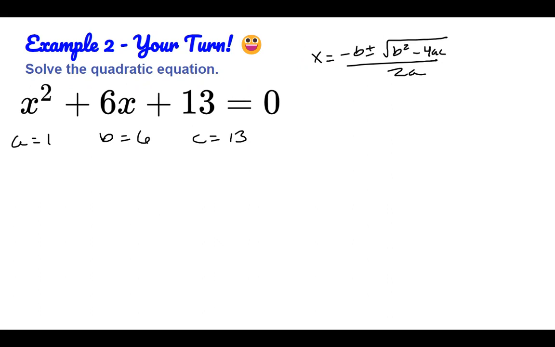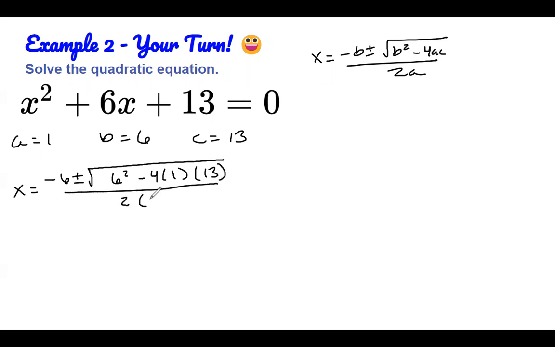Divine, help me out. x equals negative 6, plus or minus the square root of 6 squared minus 4 times 1 times 13, all over 2 times 1.